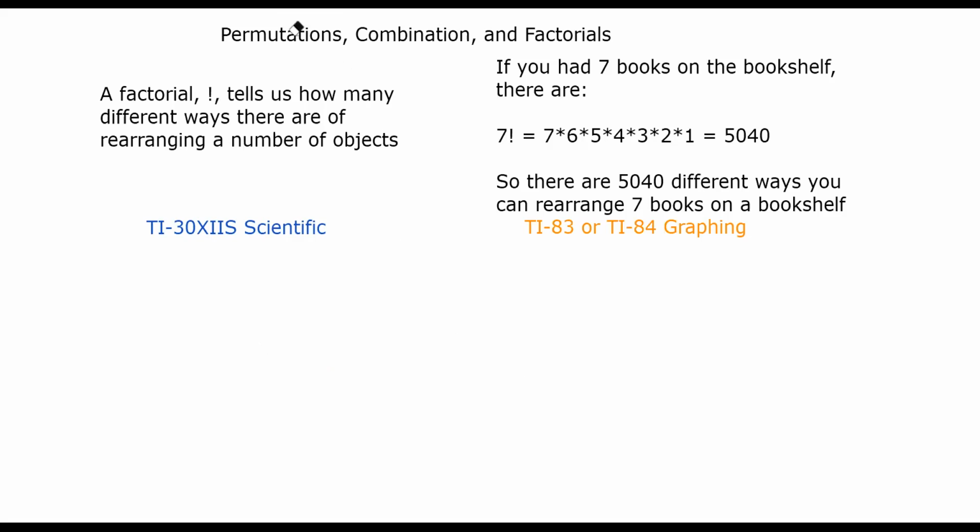There's a much faster way of dealing with it. Both of these calculators have a factorial operator built into them. So let's look at if you have the TI-30X2S scientific calculator. What are you going to do?